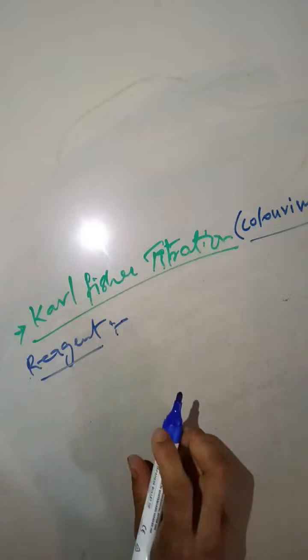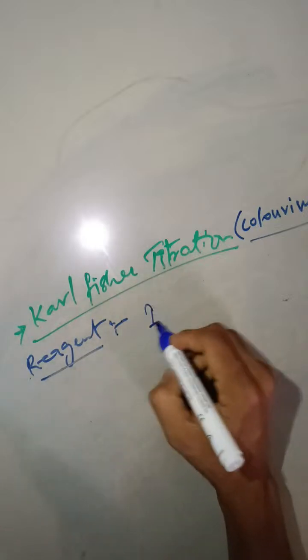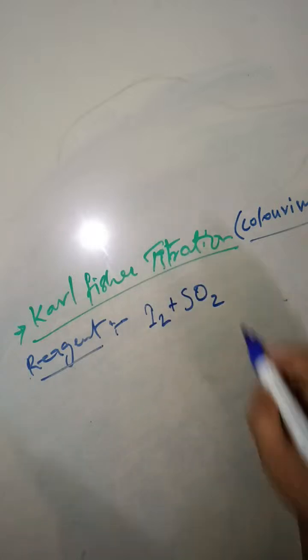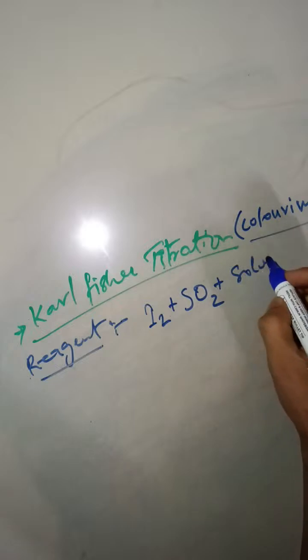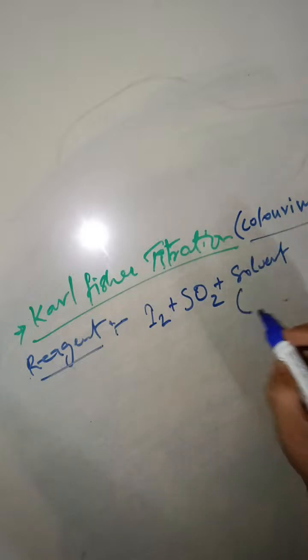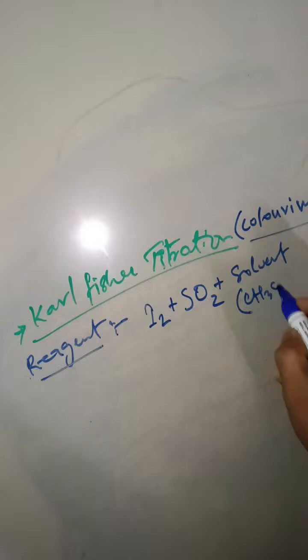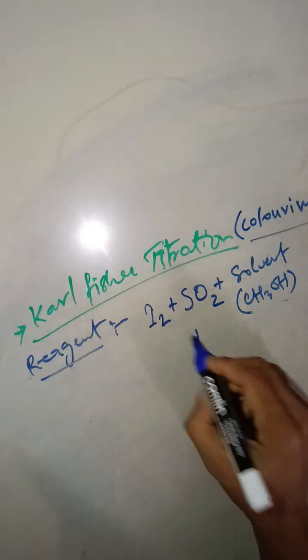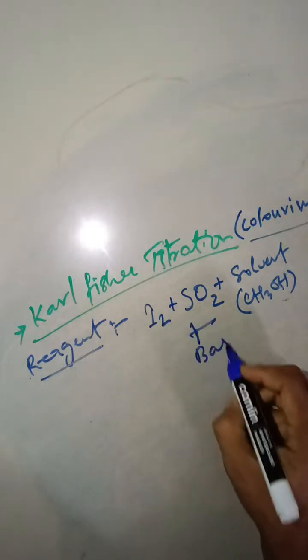In Carl Fischer titration, the reagent which is used is iodine along with sulfur dioxide along with solvent. The solvent should be a polar solvent such as methanol, along with that plus base.